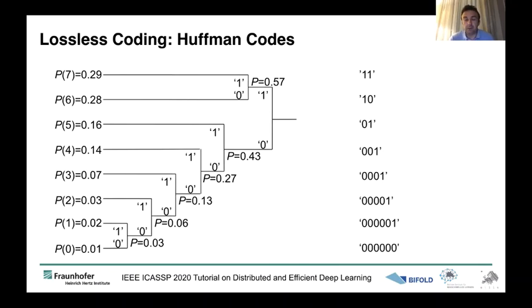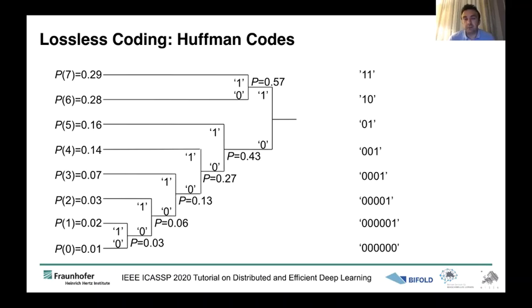You first assign some prefix to these symbols, and then you merge them and sum up the probabilities. They have probability 0.03 together. Then you do the same by merging it with the next symbol, and so on. And so you construct a tree where every symbol has a code word assigned.